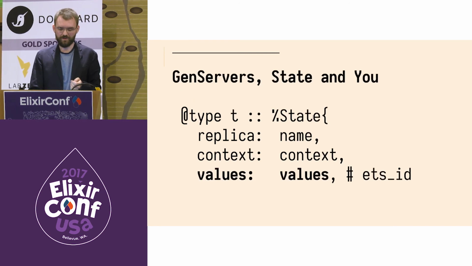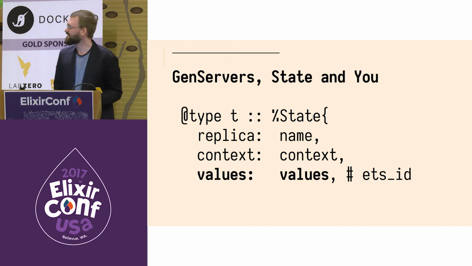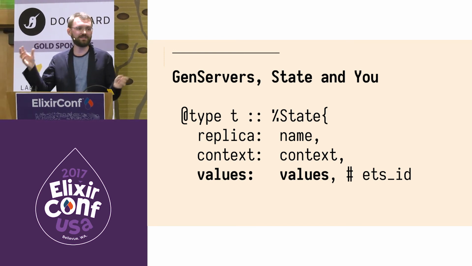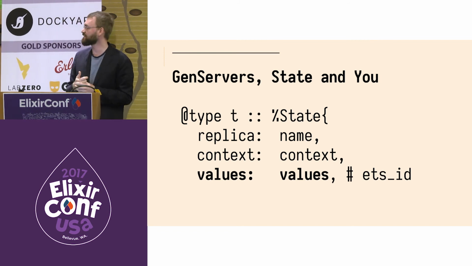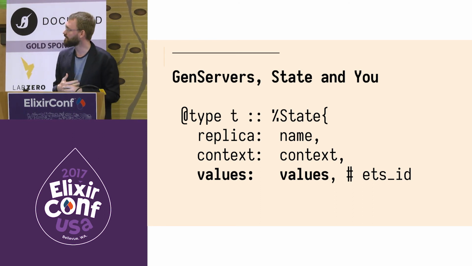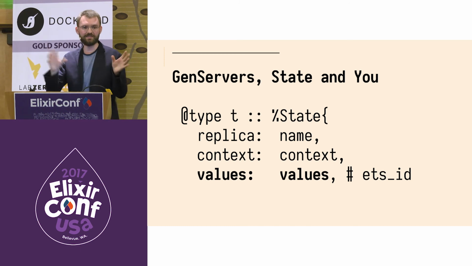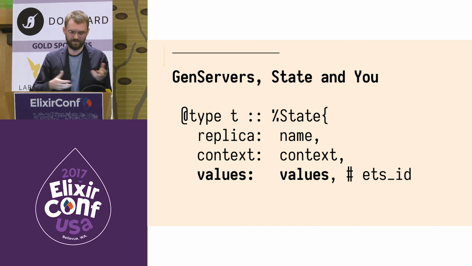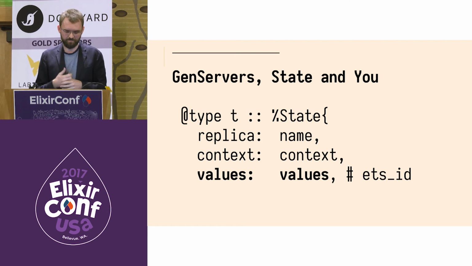And so, very quickly, how much time do I have? Let's do this. So gen servers are there to hold state, right? So you have a process, and you want to maintain the state for the lifetime of the process. So the tracker state struct holds the state of a tracker process, and it has a lot of very interesting things related to bookkeeping in the CRDT cluster.